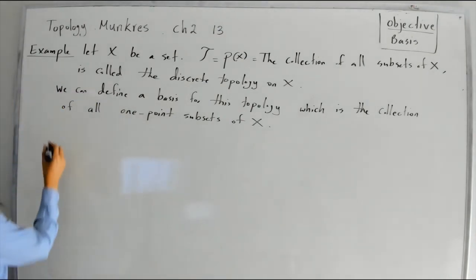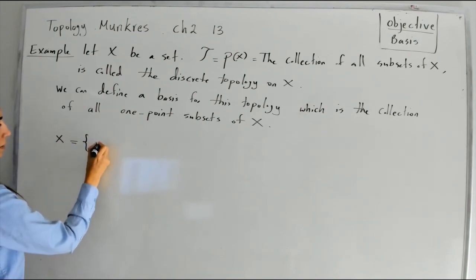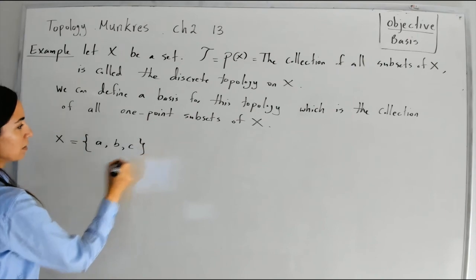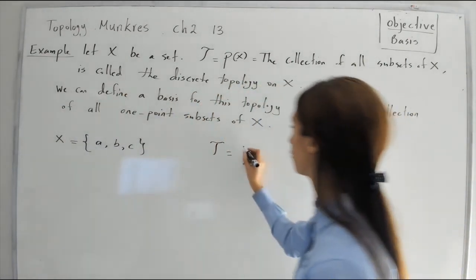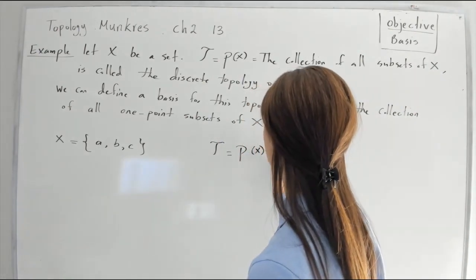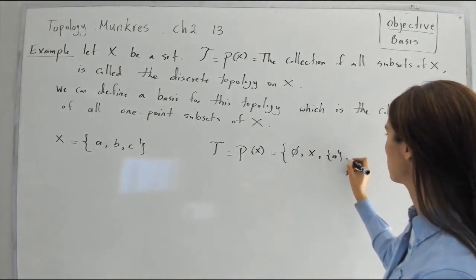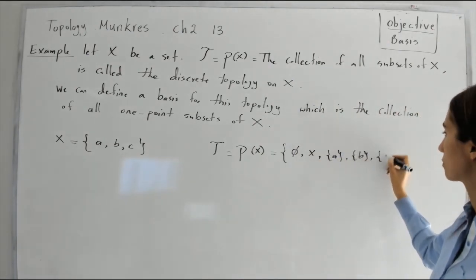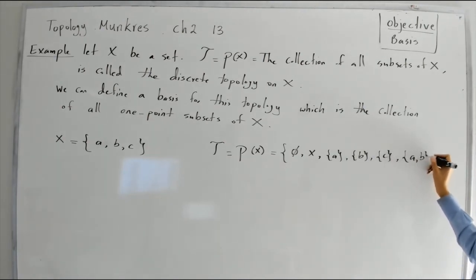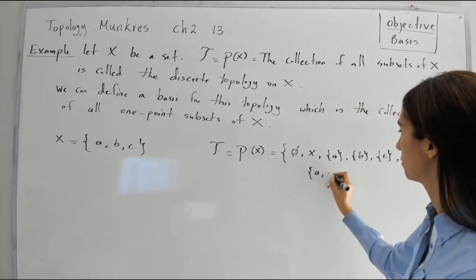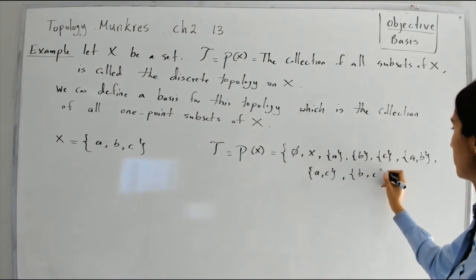For example, if X is the set including A, B, C, remember that the discrete topology over it is defined as the power set of X, which includes the empty set, X itself, one-point subsets, two-point subsets, and so on.